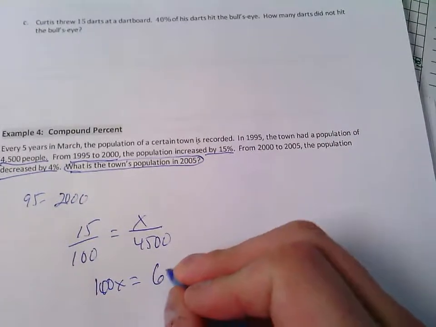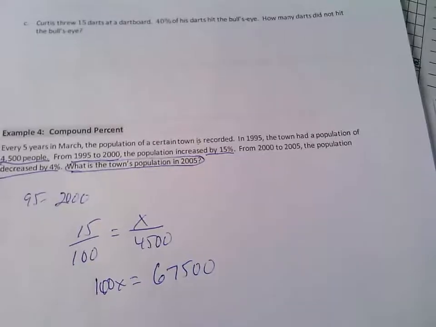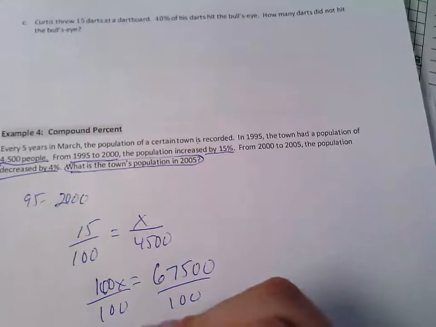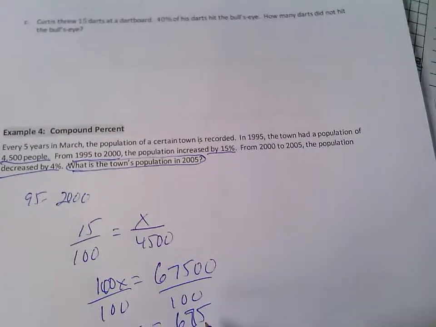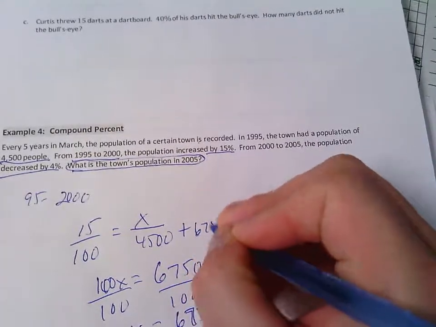That would be 67,500. Divide by 100, and you will get 675. But that's not what the population is. That's the increase. So what has to happen is you got to add that 675 to the 4,500.